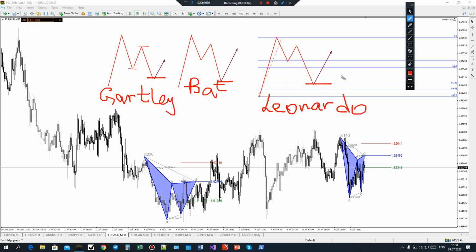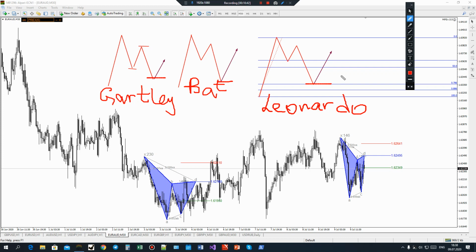Okay, there's no need to argue what pattern is the best. If you say that these ratios work better and those ratios work better, then probably you did the market research, you tested all possible ratios, and you found out that these ones are good.